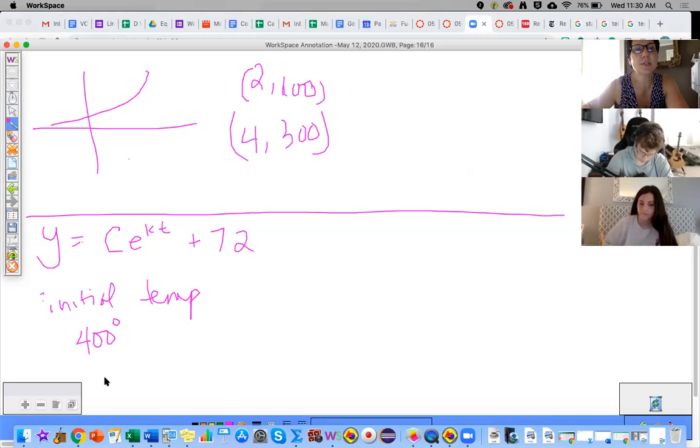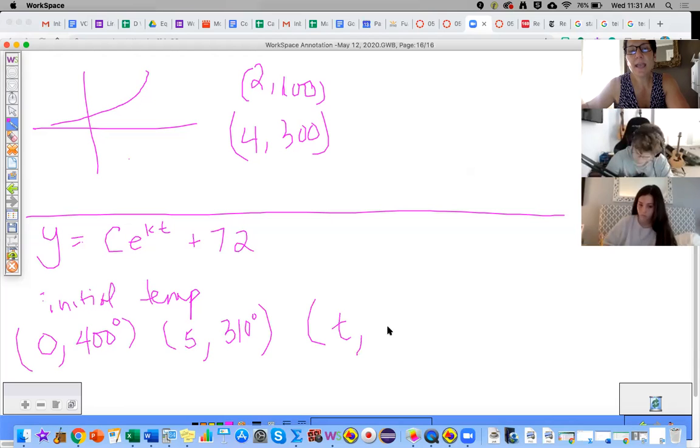So the initial temperature is 400, and then 5 minutes later, let's say it cools down to 310 degrees. I want to know at what time it is going to be, say, 195 degrees, where you can eat it and not burn your tongue. Awesome.